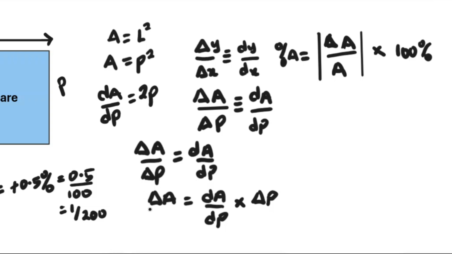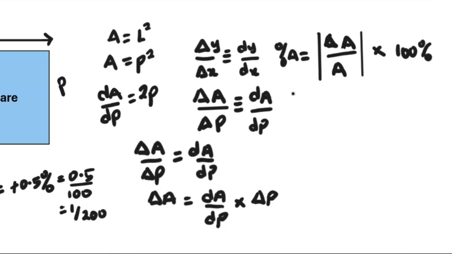Now go back here. Here we have delta A is equal to dA/dP times delta P. For us to get delta A over A, the only thing you can do mathematically here is to divide both sides by A. If you divide the left hand side by A, you must also divide the right hand side by A, and that is where the technique comes into play.